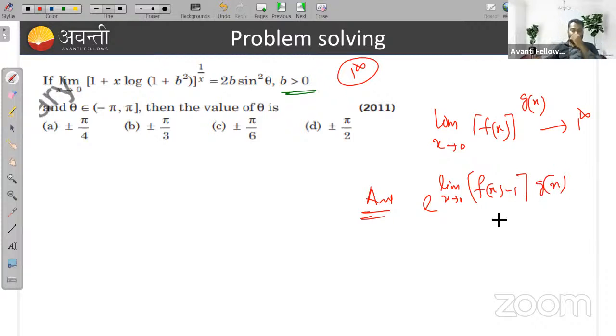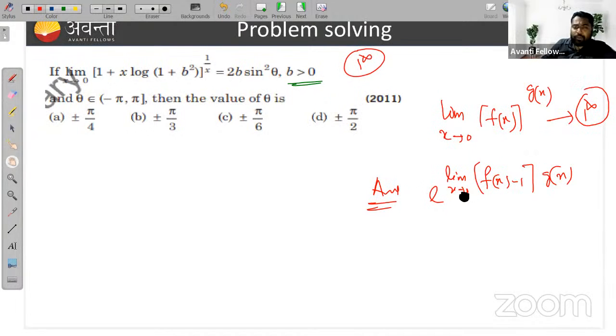So this is the formula. If the given question is in the form of 1 to the power infinity, then the limit will be e raised to limit extending to 0 of (f of x minus 1) whole into g of x.